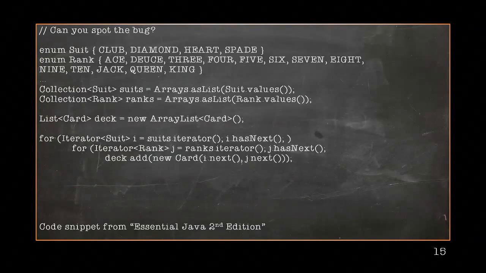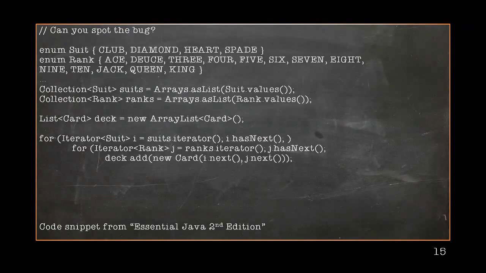Now, here's a scoping error, directly from the book Essential Java, and it is typically caused by a cut and paste error. So when you're coding, you've got an idea in your head, let's write it down. If we look at it for a bit, what you're doing is filling a deck with new cards based on 2 enumerations.